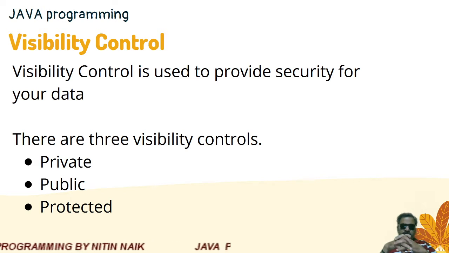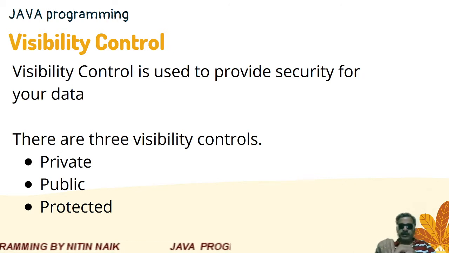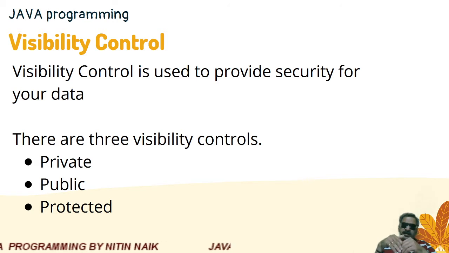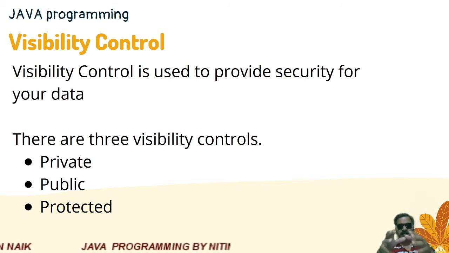What is the meaning of it? You are providing security for the data, so that this particular variable or method or function can be accessed within the class only. What is the meaning of within class?